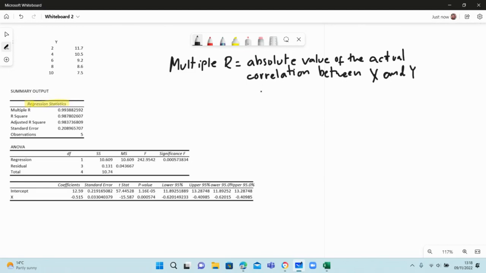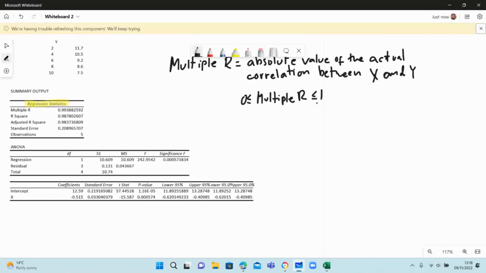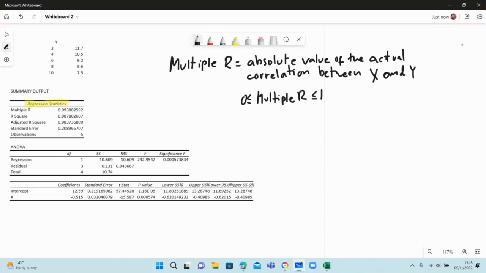So the multiple r will always be a value that is greater than or equal to 0, but less than or equal to 1. And what happens is the multiple r value actually gives us the level of linear relationship between the variable x and the variable y.